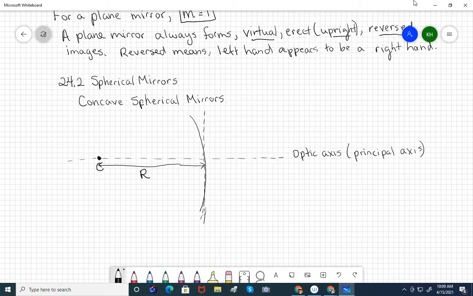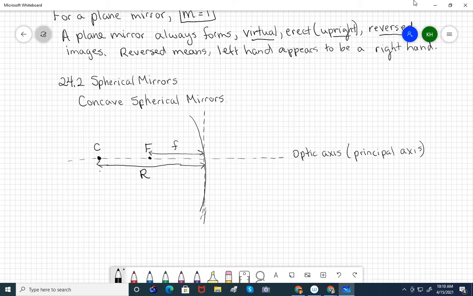The halfway point between C and the mirror is called F. That's the focal point. So that point is C for center of curvature, and this distance that goes to the focal point is F. That is the focal length.